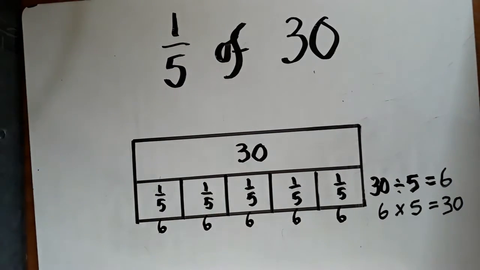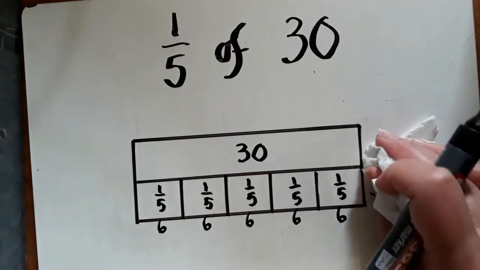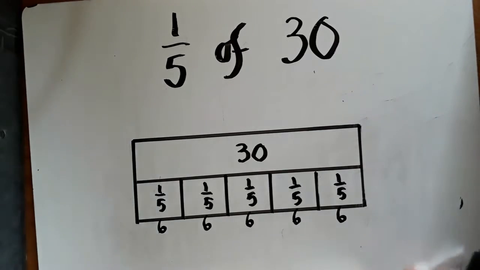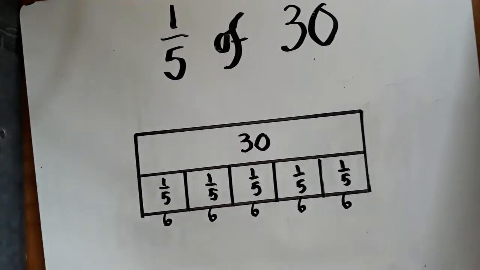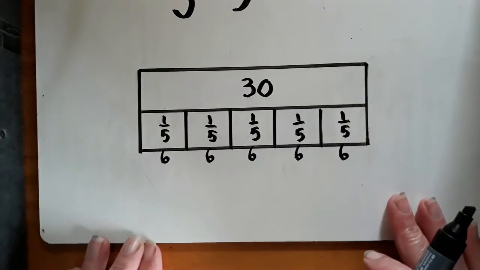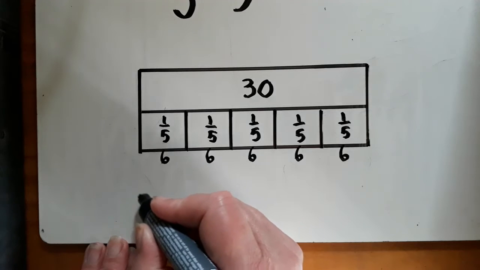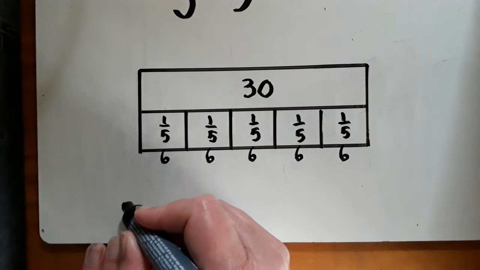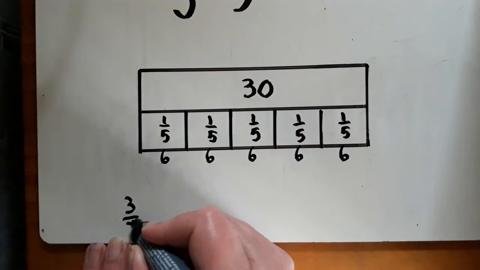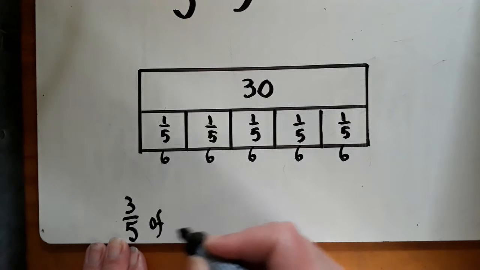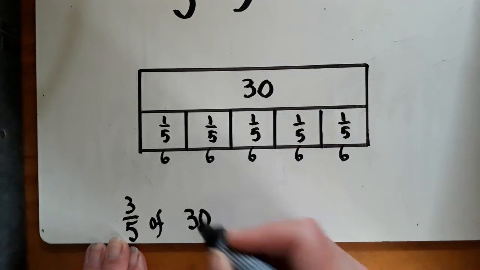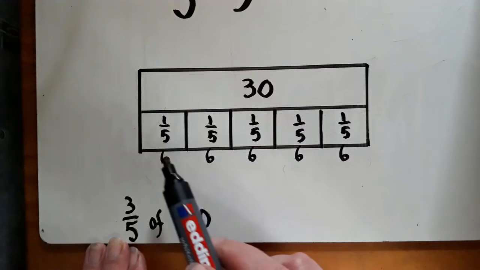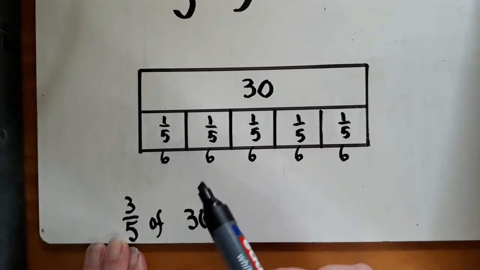That is important for us to understand as well, because if we are asked to work out what 3/5 is, let's move the board down. If we were asked to work out 3/5 of 30, we would know that 1/5 is worth 6.